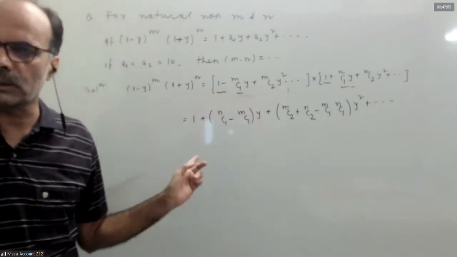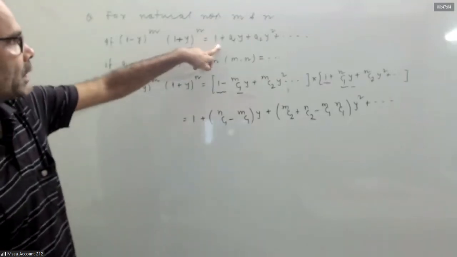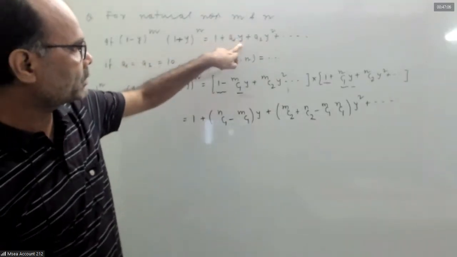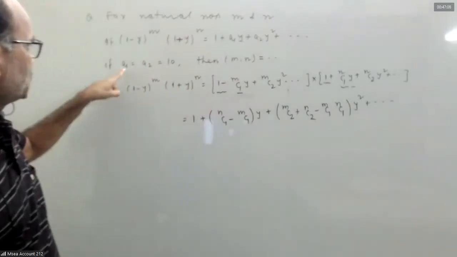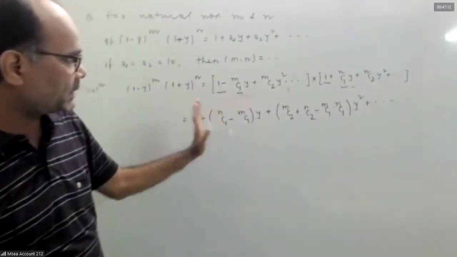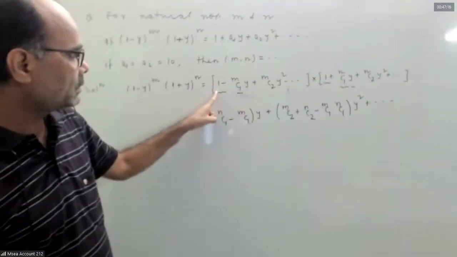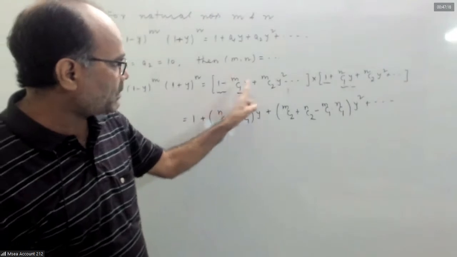Once you check the calculation, is it correct? We will compare only these two terms, the coefficient of y and the coefficient of y square. These two values are given. By multiplying, which term will give us y? This into 1 and this term into 1.